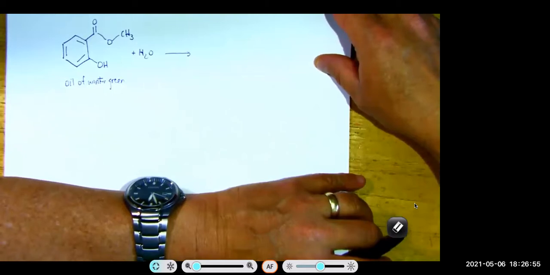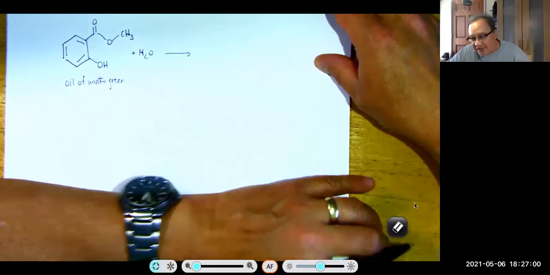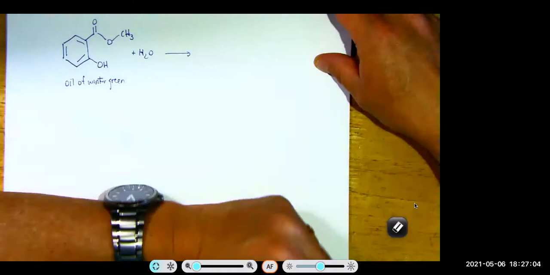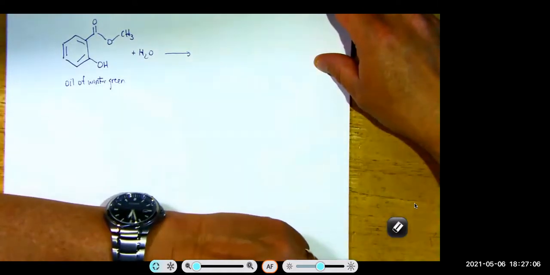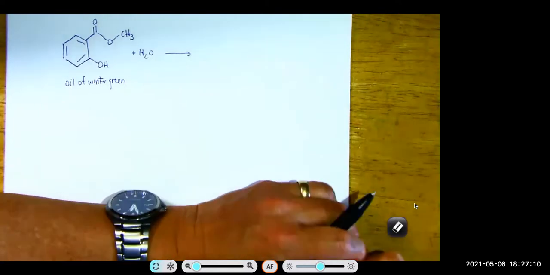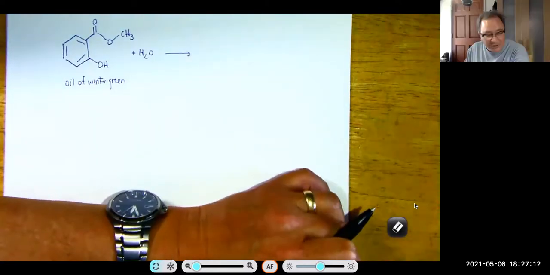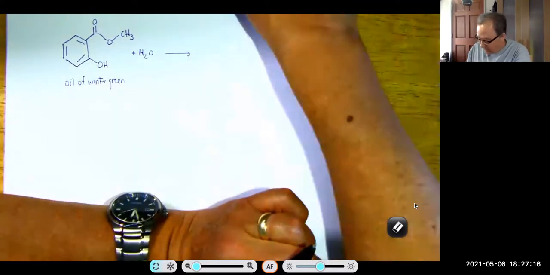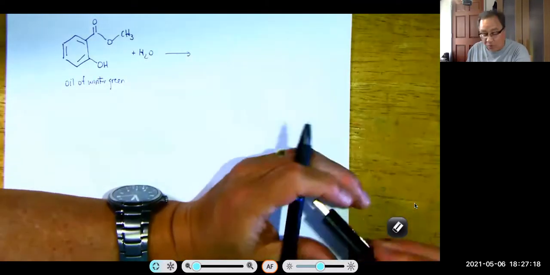You're gonna break off. Okay. Take a shot and draw it. Well, I'm assuming that I'm gonna get a carboxylic acid sort of ring thing and an alcohol. Well, just draw it then. Okay. Take a chance, draw it. The worst thing that can happen is that you're wrong.